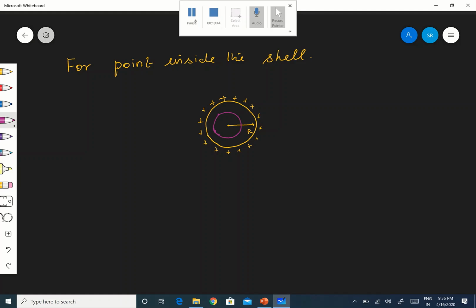What is the distance of the point? This is P, and this is your r, correct?